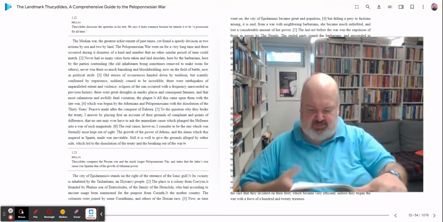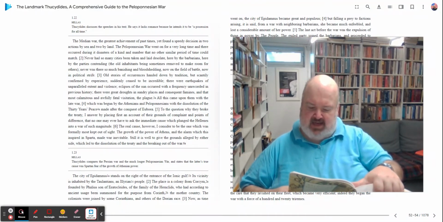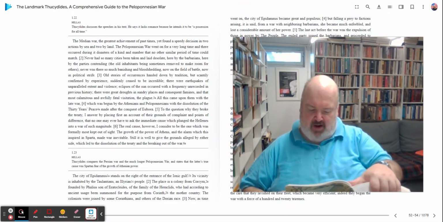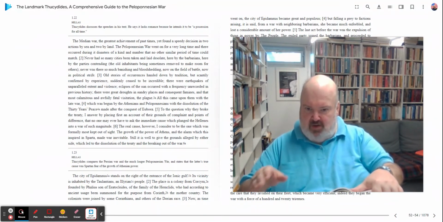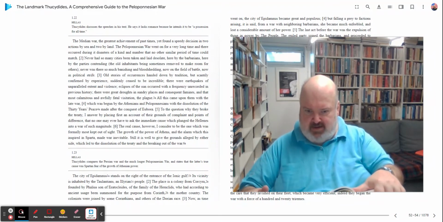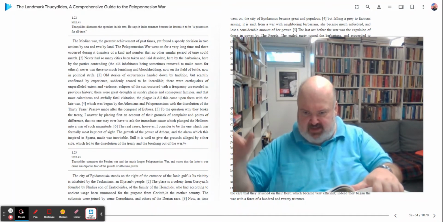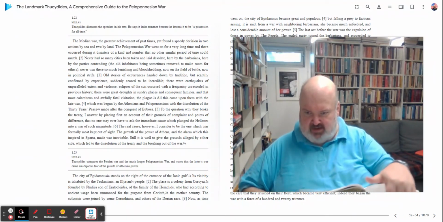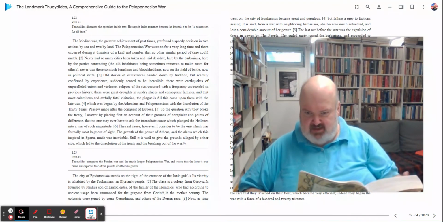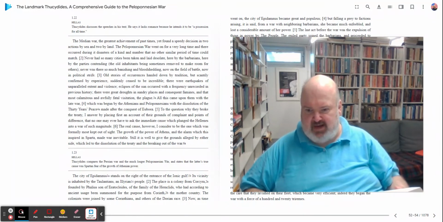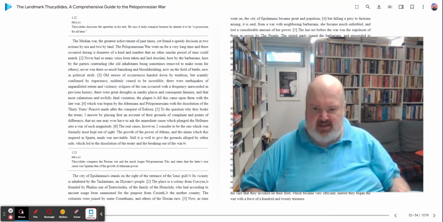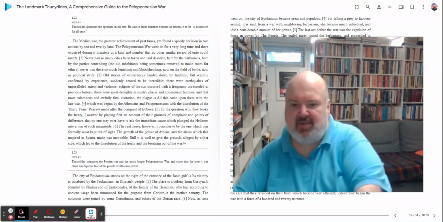In other words, this place here is a colony, originally from another colony, which was from Corinth. So Corinth created Corcyra, and Corcyra sent settlers to this new place here, right? The colonists were joined by some Corinthians and others of the Dorian race.